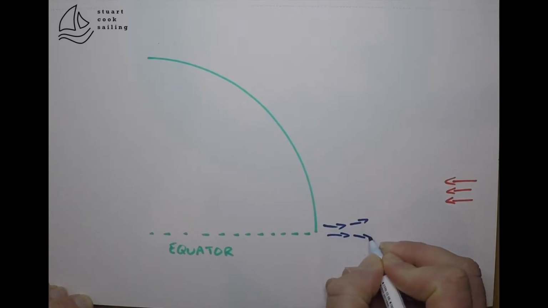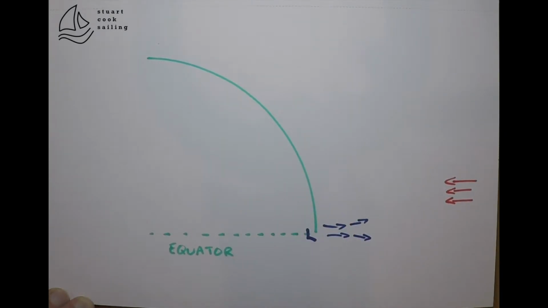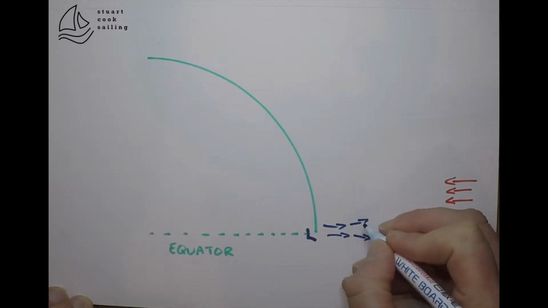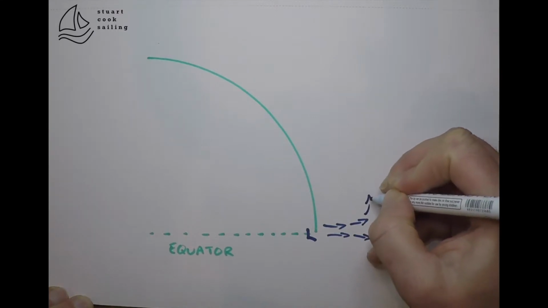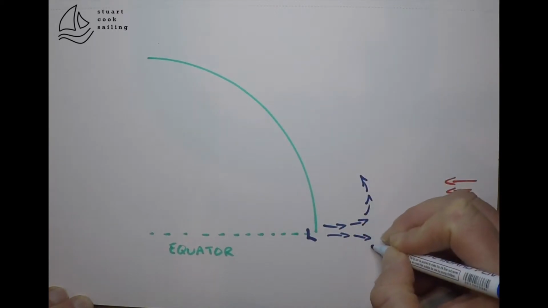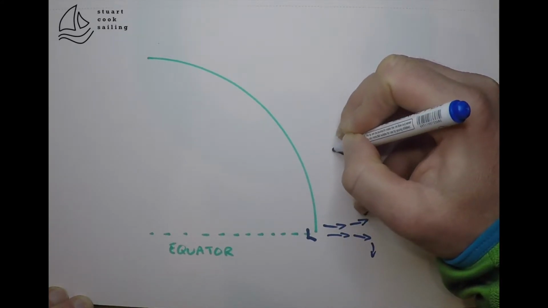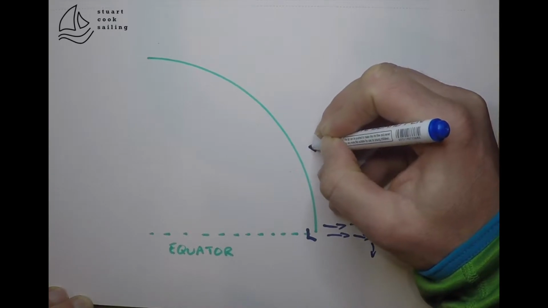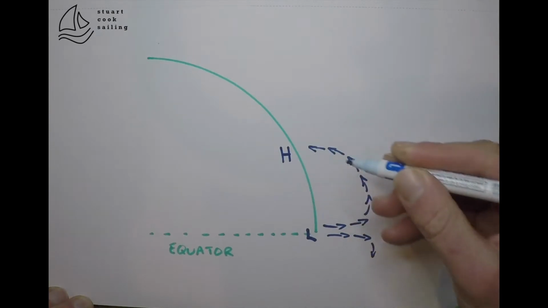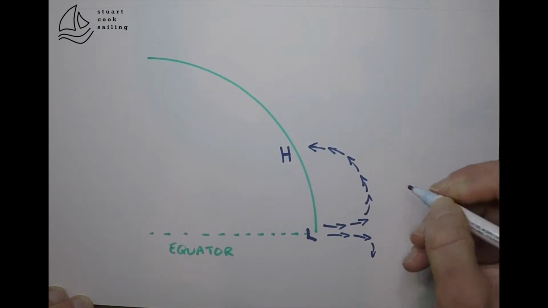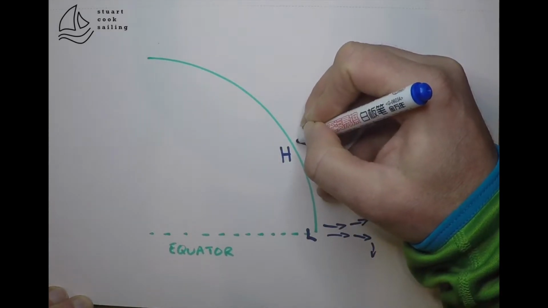And so we're left with a low pressure on the surface of the Earth there. What happens to these air masses? Well, they reach the top of the atmosphere and there's nowhere to go but outwards. And so eventually they cool and they fall back down to the surface of the Earth, which in turn creates a high pressure as we have that air mass pushing down, and there's nowhere for it to go but outwards.